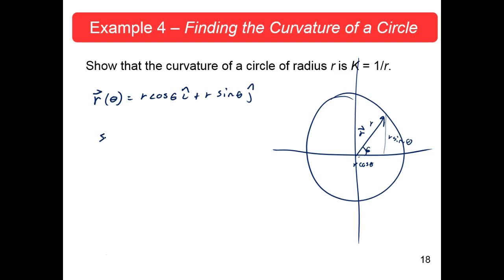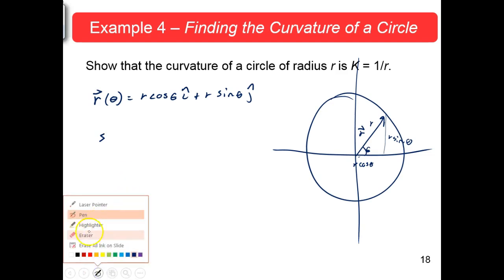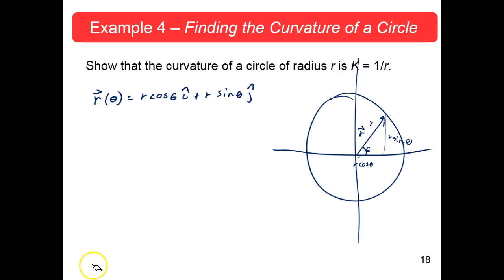Okay, if this is your arc length s, and this is your angle theta, how are r, theta, and s related? Do you remember that?